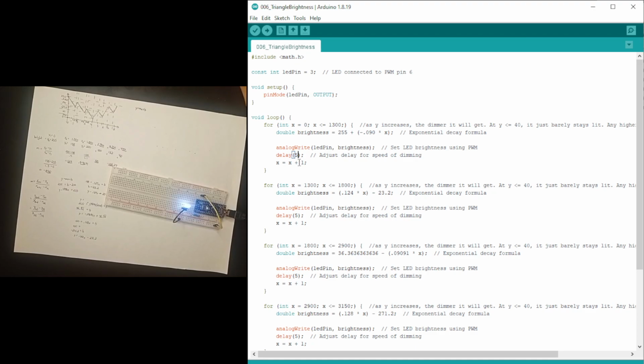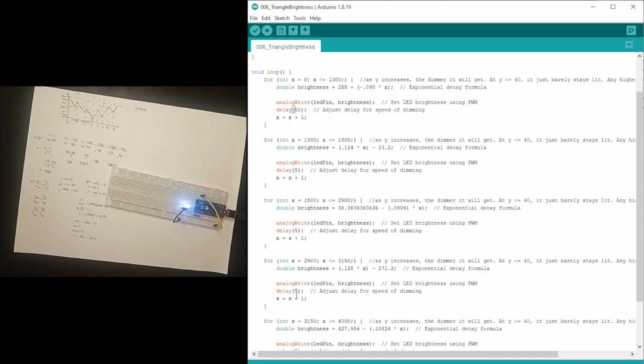So what if I did that to 50? Let's see, the ones with 2900 to 3150, let's take a while to dim that one. 1300 to 1800 doesn't need to take too long. Let's do 100.